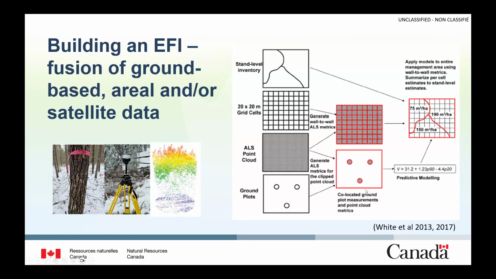Then you extrapolate the values from your model to the whole area of interest that you want to characterize. How you do so will depend on your input data, your inventory objectives, and the available tools that you have at hand.